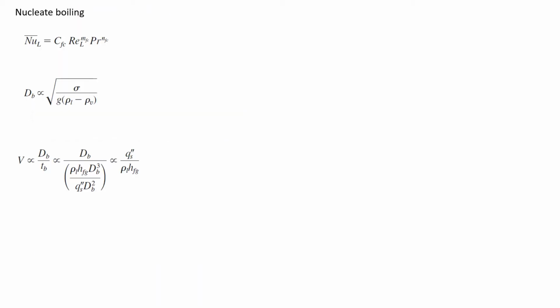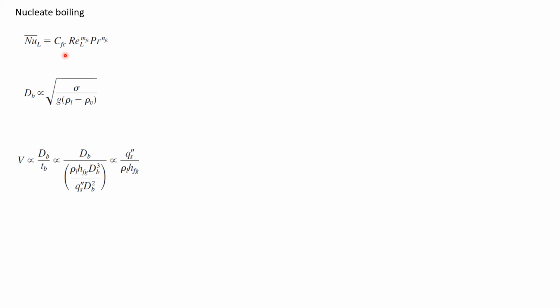Okay, so now let's look at nucleate boiling. Now we've seen that this is the relation for nucleate boiling. This is a general formula for Nusselt number, which is some constant times Reynolds number to the power m times Prandtl number to the power n. And I'll just explain what the F_c here is. Now what happens in nucleate boiling is that you have bubbles being created from the surface. As these bubbles rise, they create a flow inside that liquid.